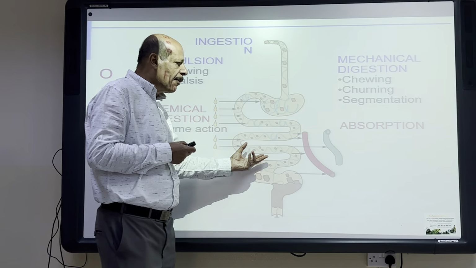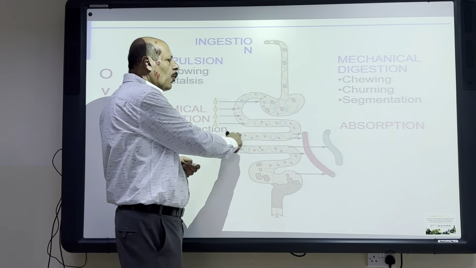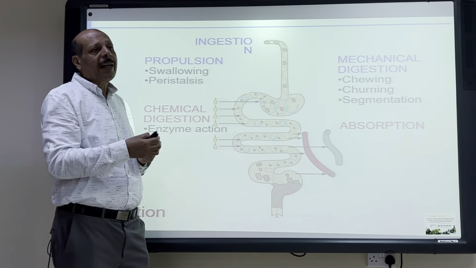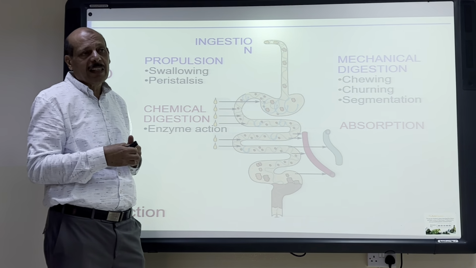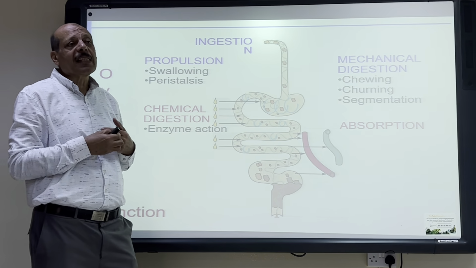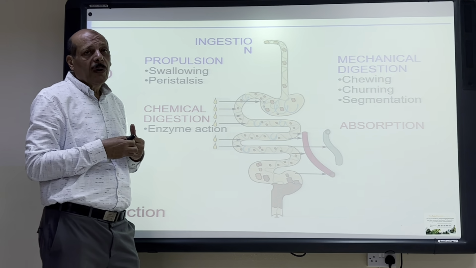There is a network of capillaries in the wall of the small intestine that helps in the process of absorption. In the large intestine, mostly it is absorption of water.